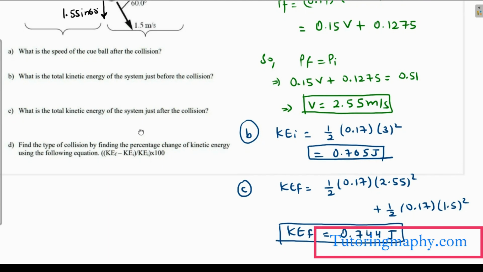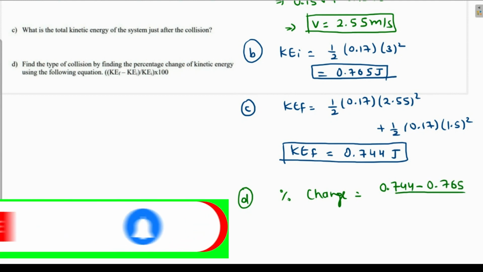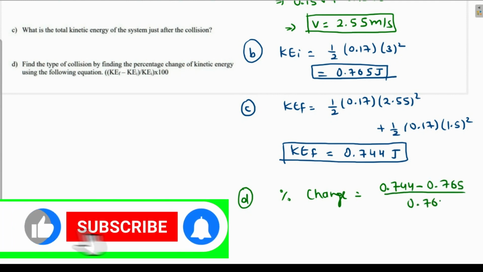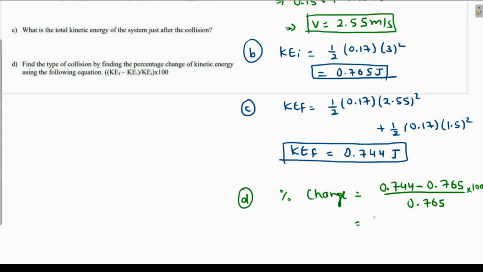And which is part D, which is asking what type of collision it is by finding the percentage change in the kinetic energy. So the percentage change is nothing but the final value, which is 0.744, minus the initial value, which is 0.765, over the initial value, 0.765, times 100.